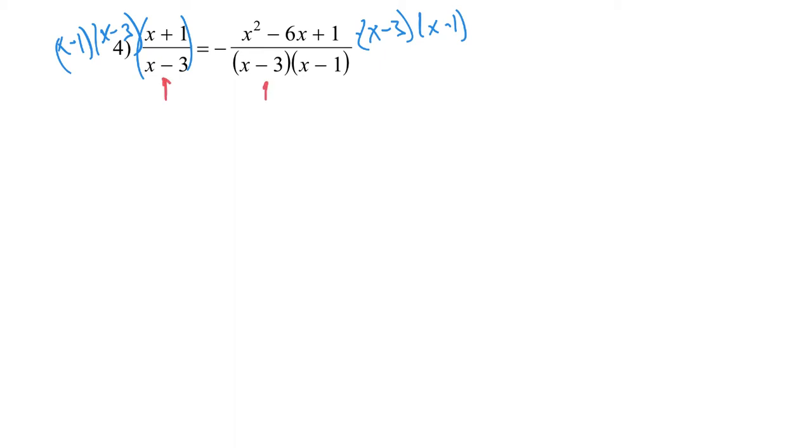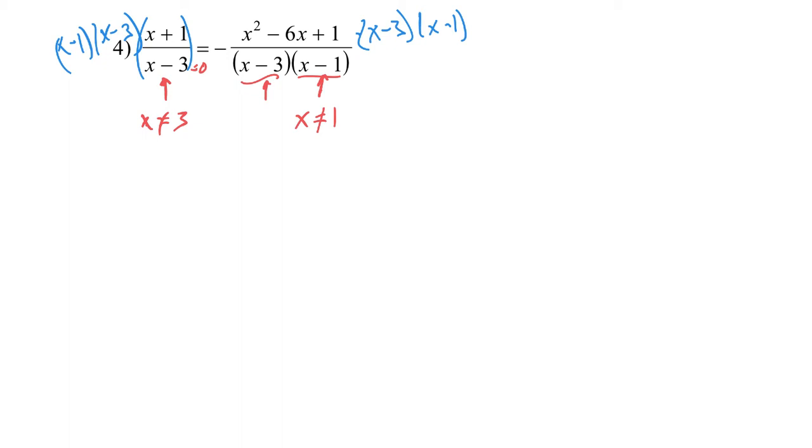So looking at your factors in the denominator, the x value that makes them equal 0 is going to give you your excluded values. So x cannot equal 3, and x cannot equal 3 again, and x cannot equal 1. So if either of those are in our solution, then we have to kick them out.